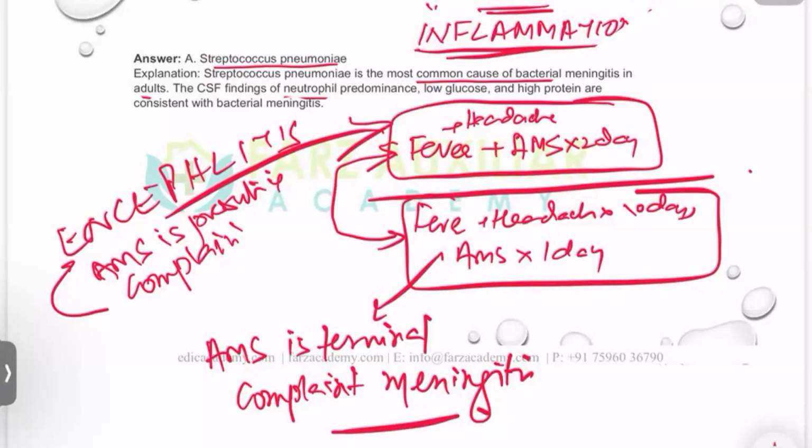And if the patient says for the last 10 days he was having high grade fever, headache, photophobia, he was fine, eating, but having vomitings, and only today he has become drowsy, this is meningitis. Anything in between is meningoencephalitis, both of them involved. It is herpes simplex. Okay?